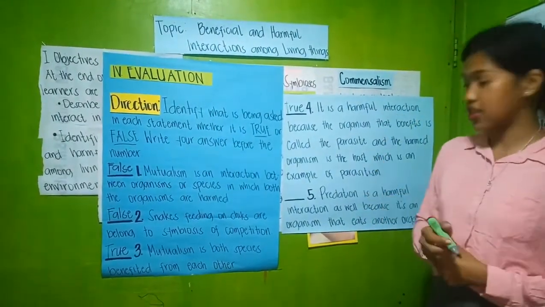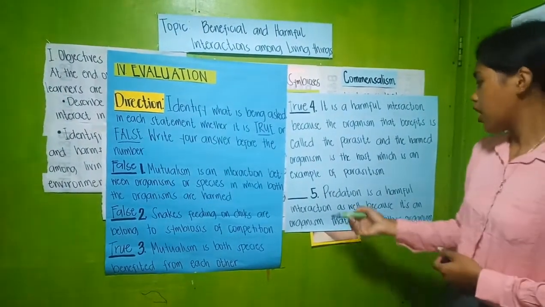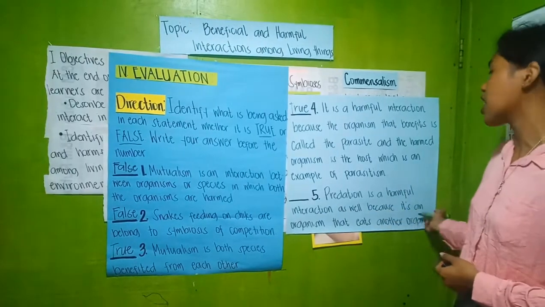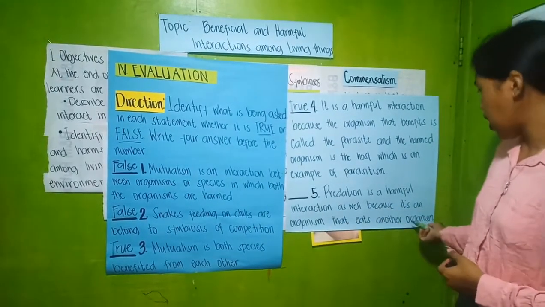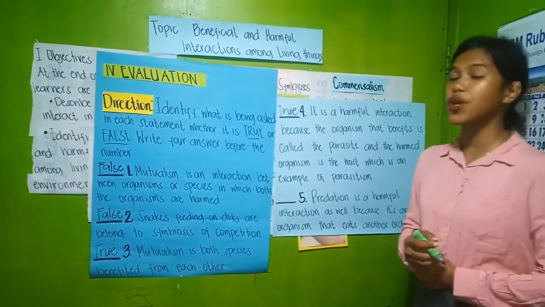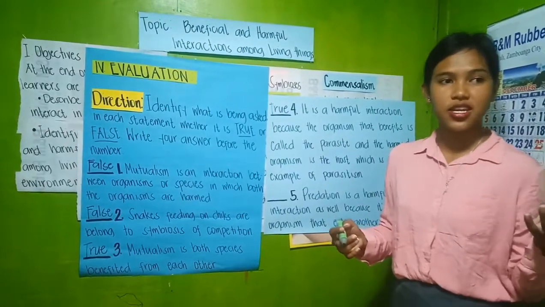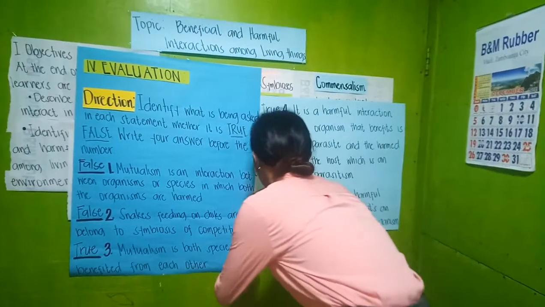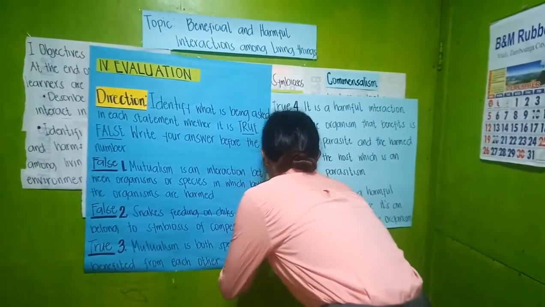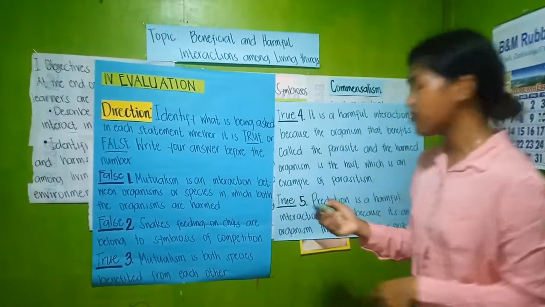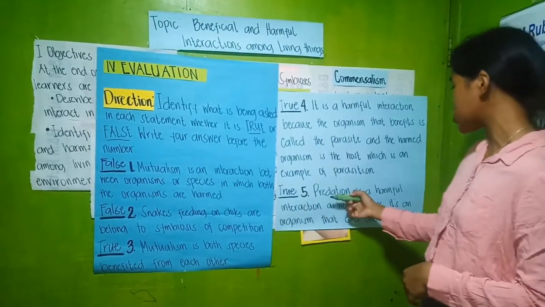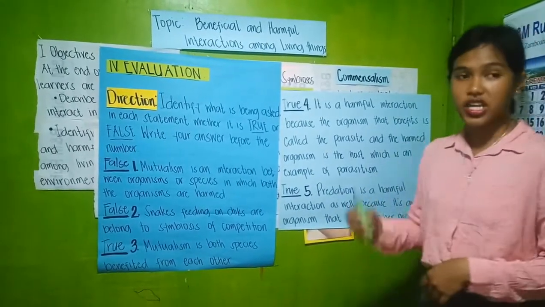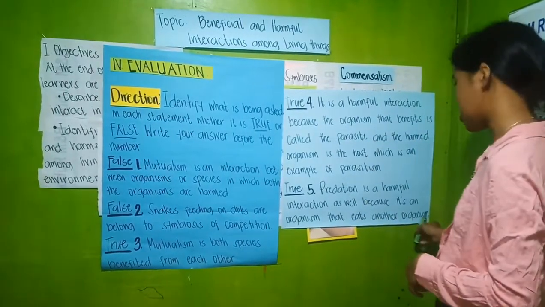Okay, the last but not the least, number 5. Predation is a harmful interaction as well because it's an organism that eats another organism. Is it true or false? Everybody from the class. Yes, Carl. It's true, ma'am. Very good. Number 5 is true because predation is a harmful interaction as well because it's the organism that eats another organism.